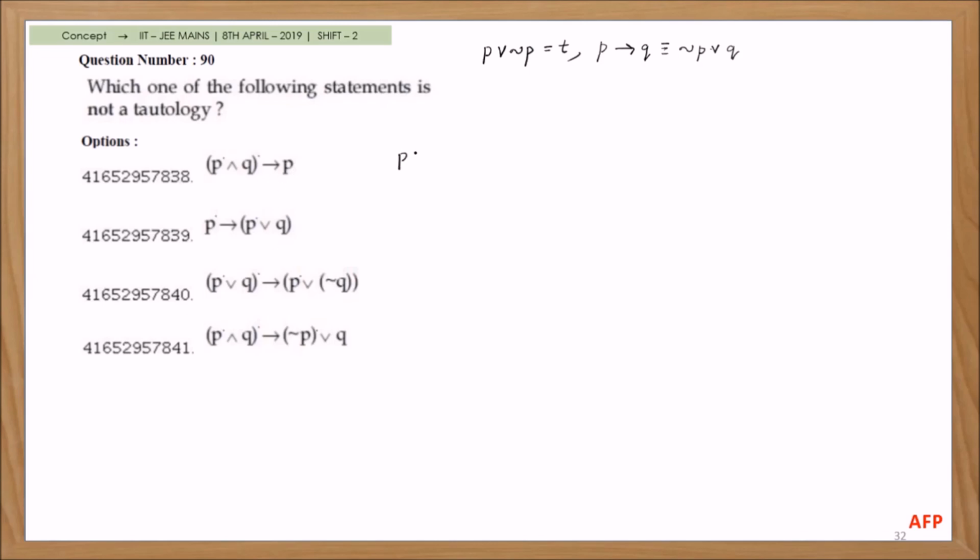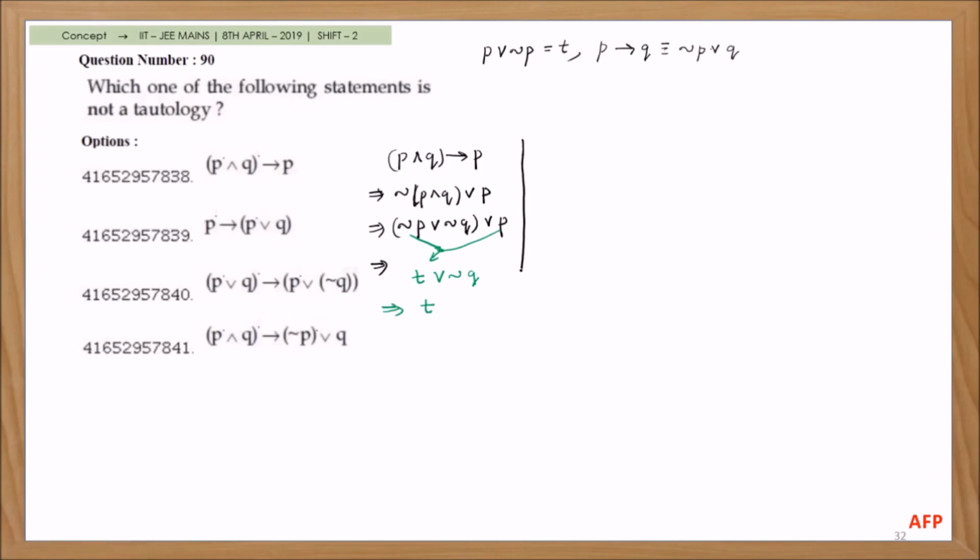First one, P and Q implies P. Using this algebraic concept we can write negation of (P and Q) or P. If you take the negation inside, the and will become or, giving not P or not Q or P. From here you take these two and write tautology: P or negation of P is a tautology, or not Q. So if you take tautology or any statement, it will always be a tautology. So the first one is a tautology.